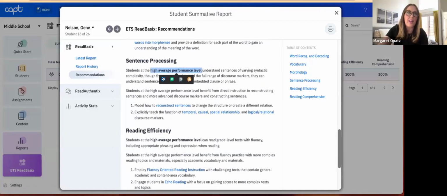So now he's at that high average performance level. So for him, the recommendation, which should not be surprising since that's what I'm talking about today, is to really focus on constructing sentences and then focusing on the function of the various types of discourse markers.